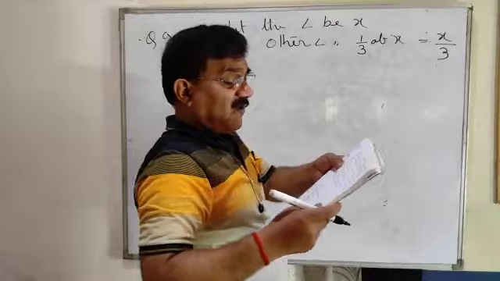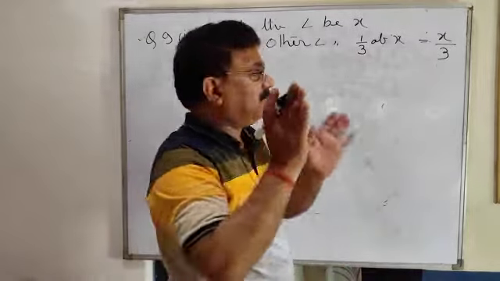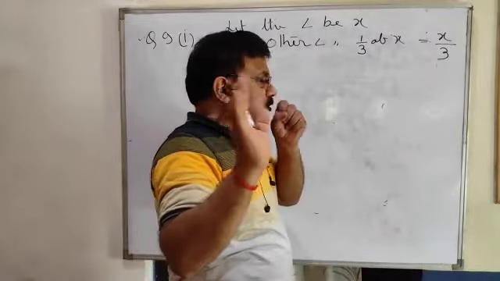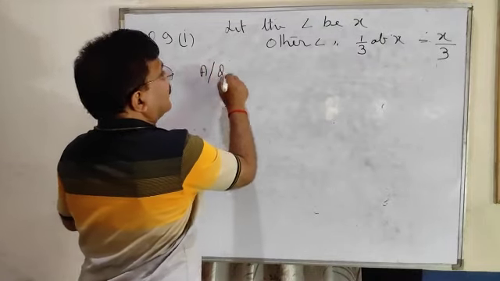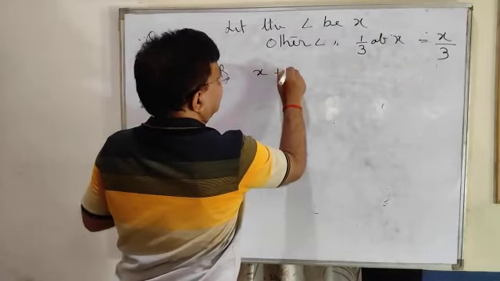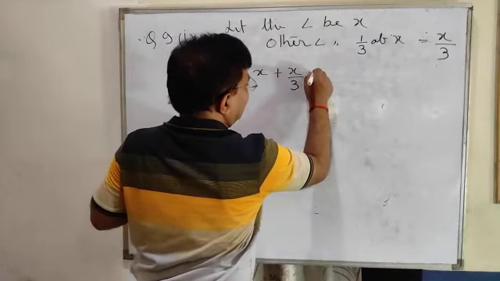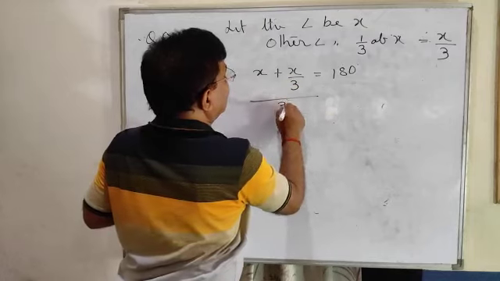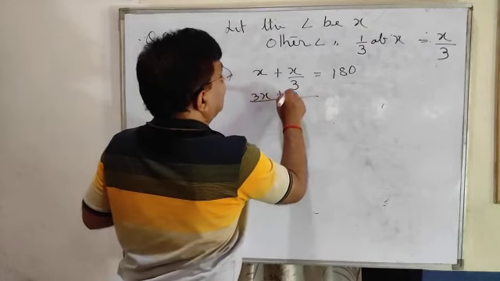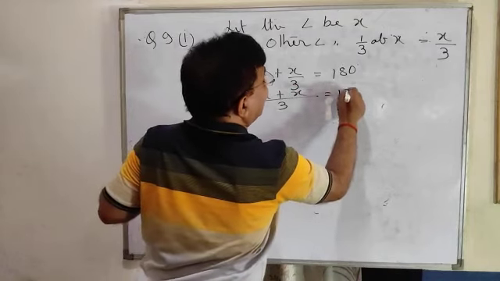Now according to the question, they are supplementary. Their sum must be equal to 180 degrees. So x plus x by 3 is equal to 180 degrees. LCM: 3x plus x is equal to 180 degrees.